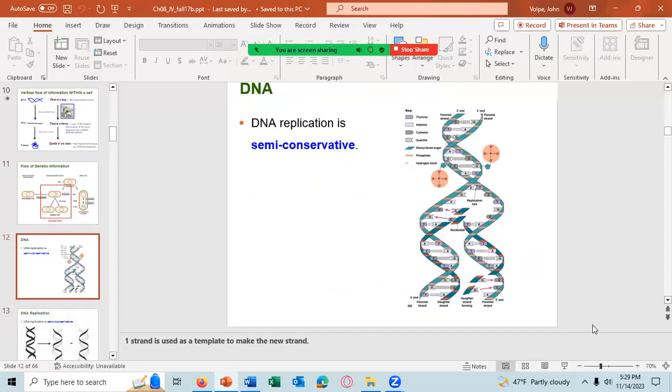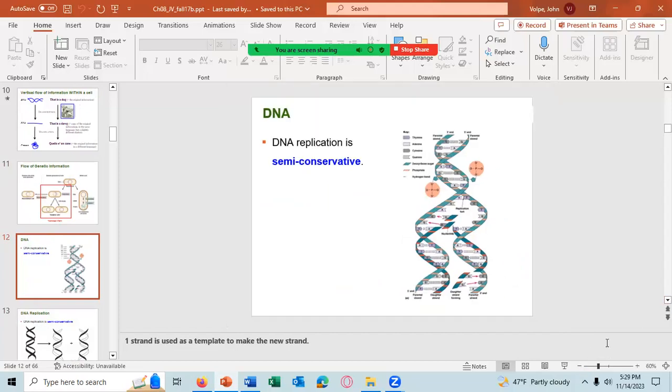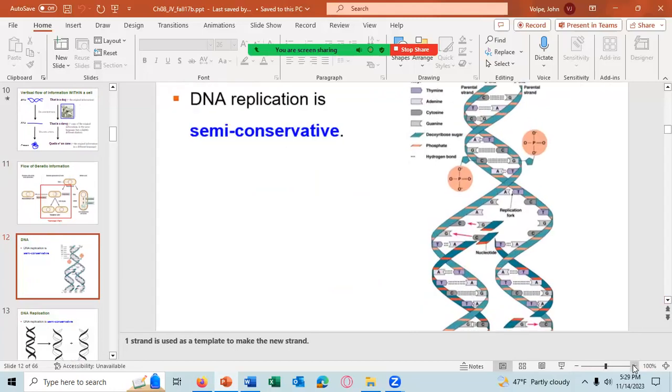All right, so let's talk about DNA replication. DNA replication is semi-conservative. That means that when we have our original 2 strands of DNA, they separate into 2 single strands of DNA, and then 1 strand is used as a template to make the newly formed strand.